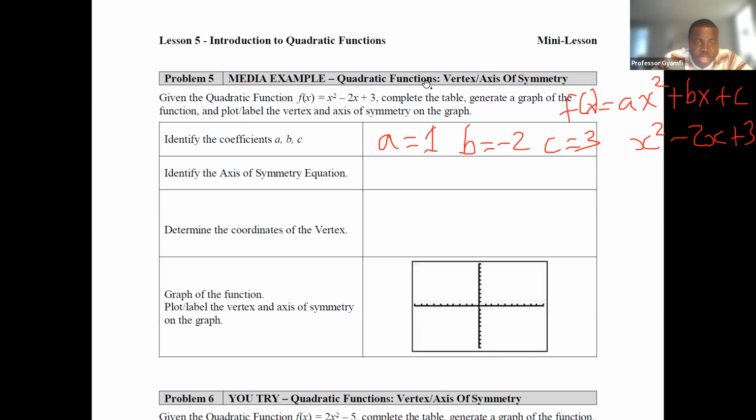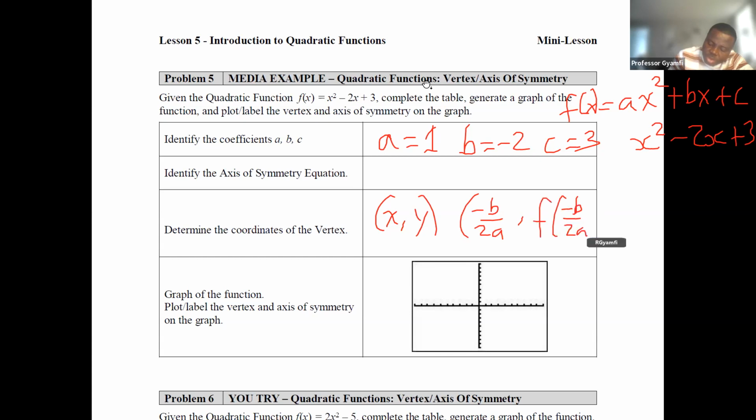Now it says find the coordinates of the vertex. So we know that to find the vertex, we have x, y. x equals negative b over 2a, and then my y is f of whatever I get for x. So let's start with the x. What is b?